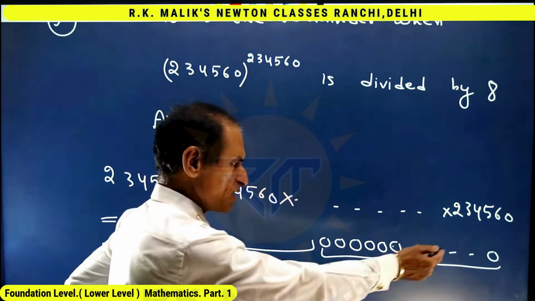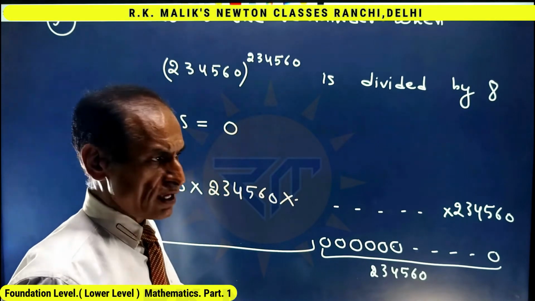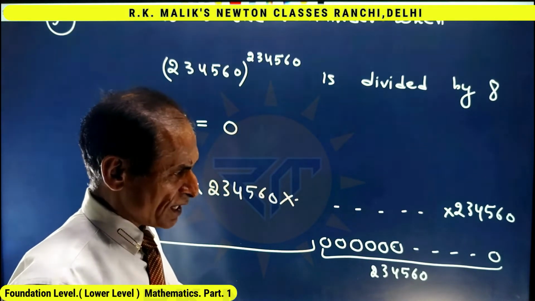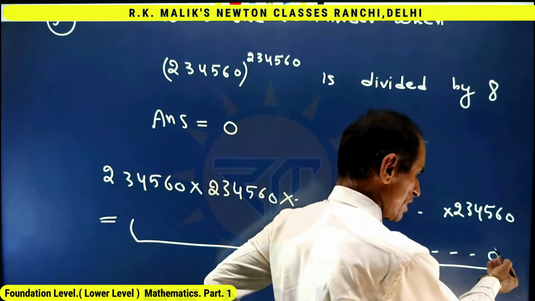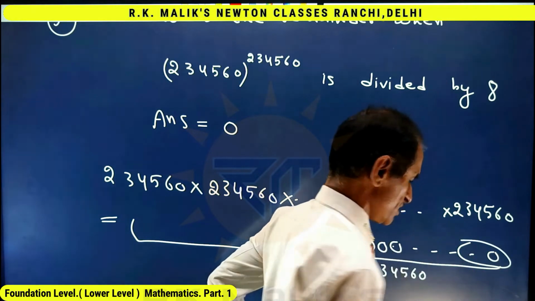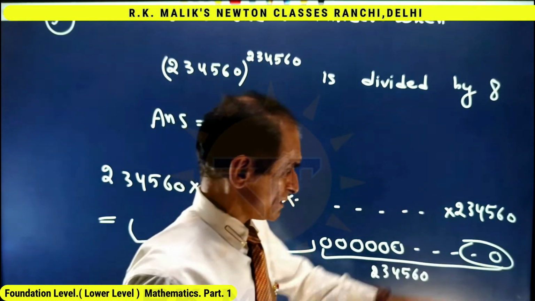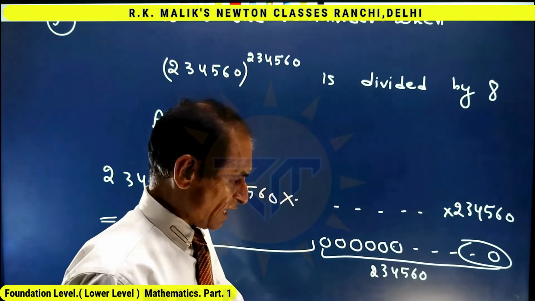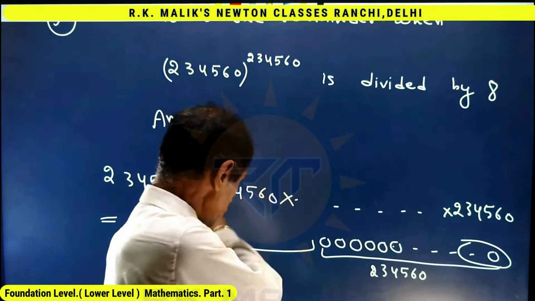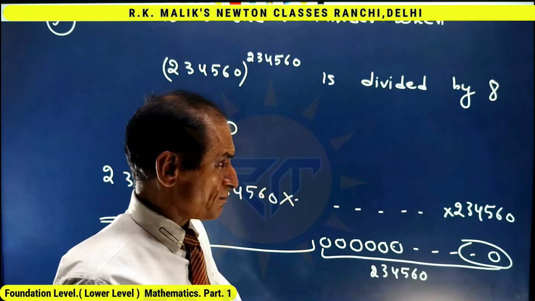And because this many zeros are there, and we know that a number is divisible by 8 when the number found by last 3 digits is divisible by 8, and in this case because last 3 digits are 0, 0, 0, hence I can say this whole number will be divisible by 8.